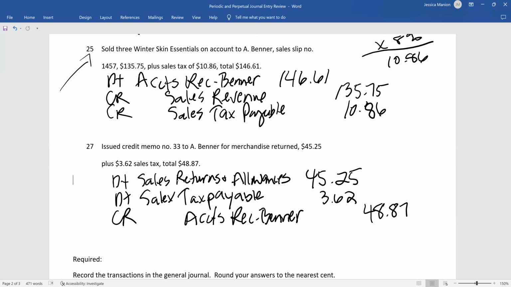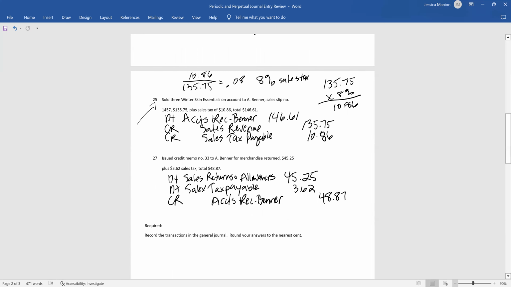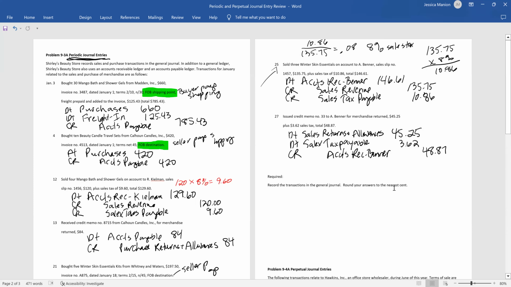Okay, real quick before we get off of here, which let me zoom out of this. Any questions about any of these transactions that we did together so far?